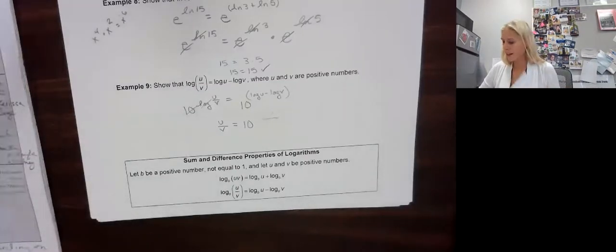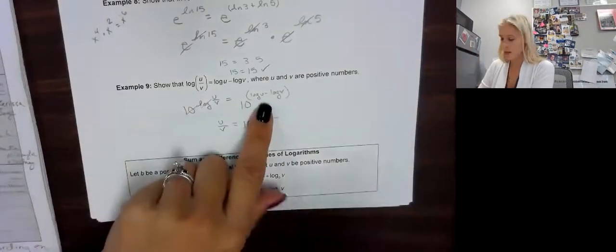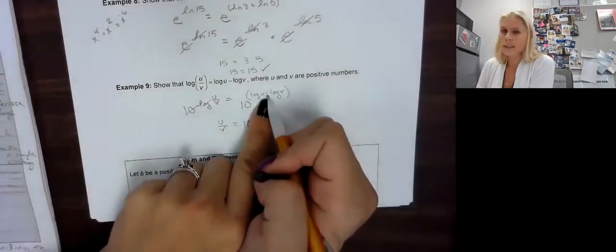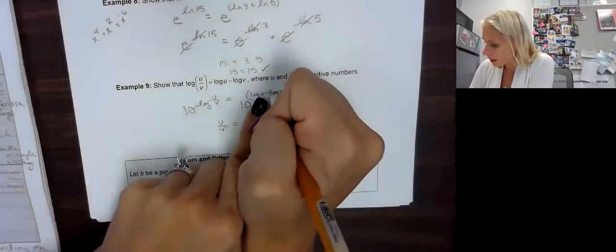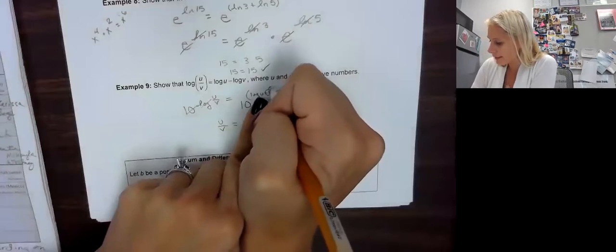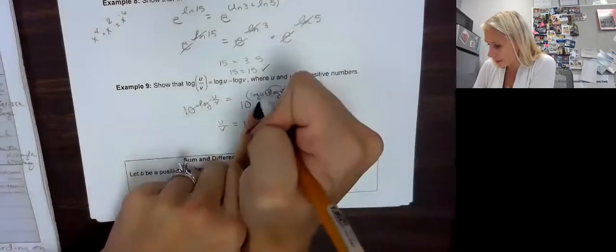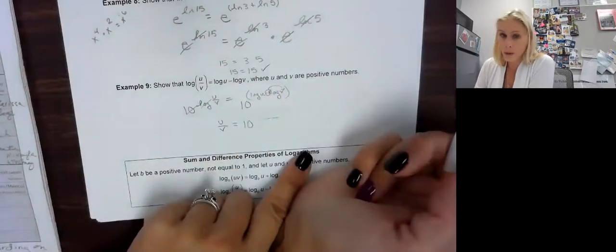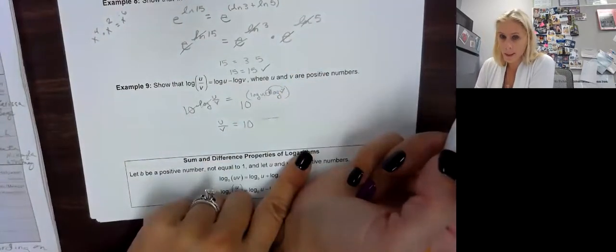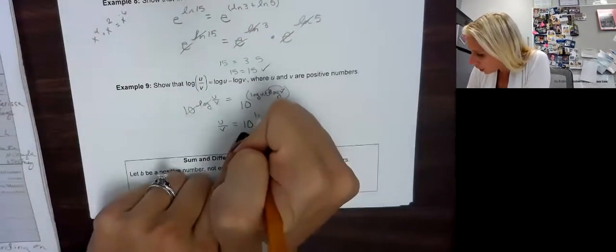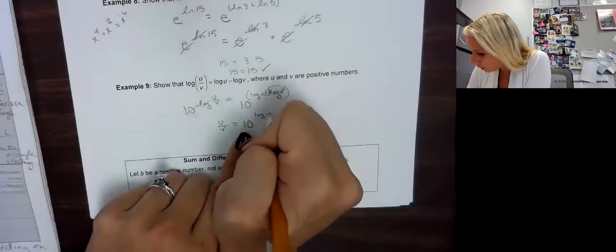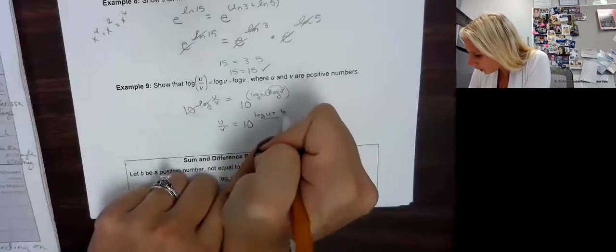Okay, guys, I think I know my thought process right here, what I want now. Of course, we look at this as subtracting, right? But the truth is, if I have a 1 out here, and this -1 is actually in front, which I can put as an exponent, that would make this a multiplication. Okay? So, right now, think of this as log u times log v to the -1.